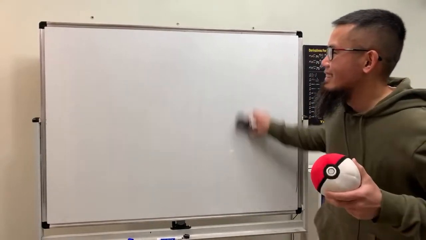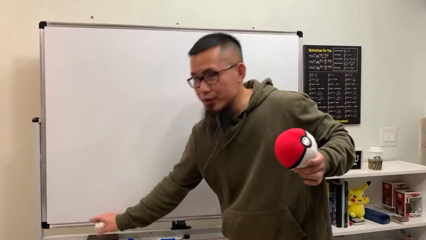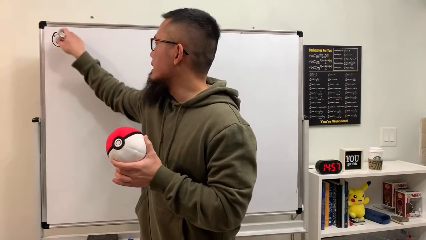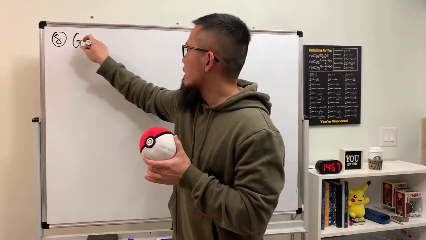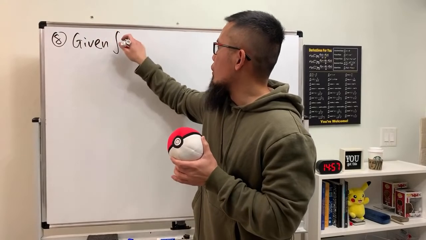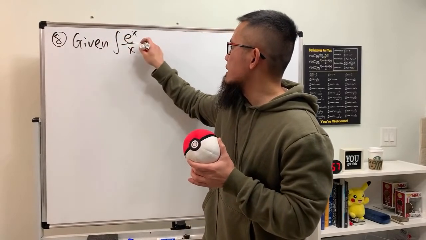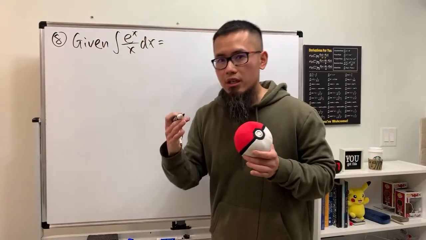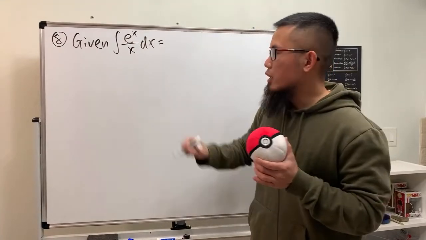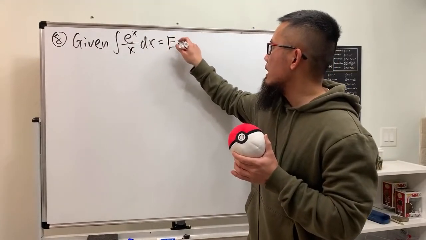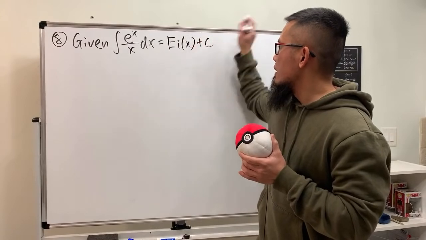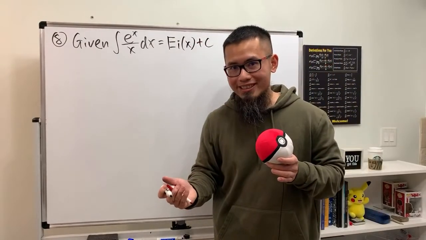Anyway though. All right, hopefully you guys are having fun so far. Last question, special function. So number 8, given integral, when you have e to the x over x dx, this is what we call the exponential integral function. So capital E, I, and then the input is x. And so this is the one that we are going to use.